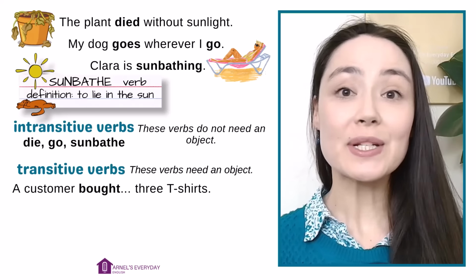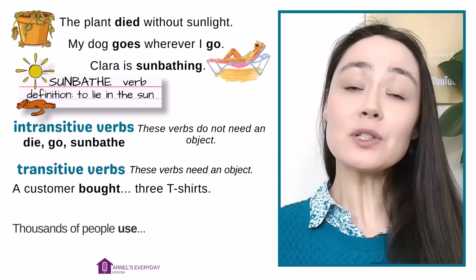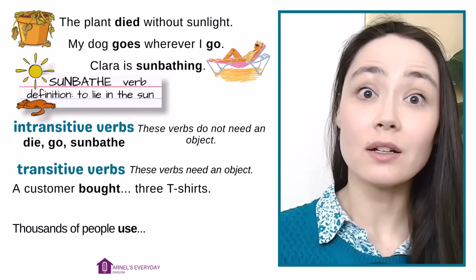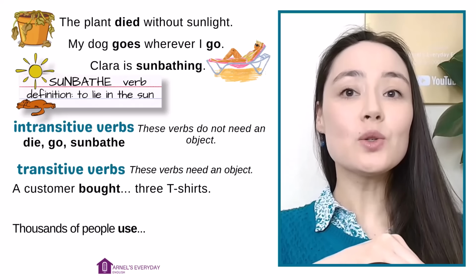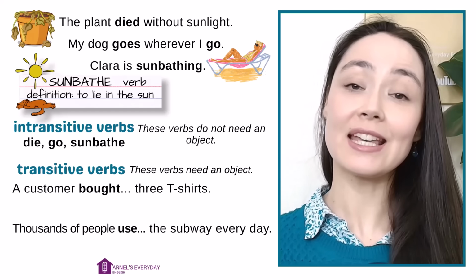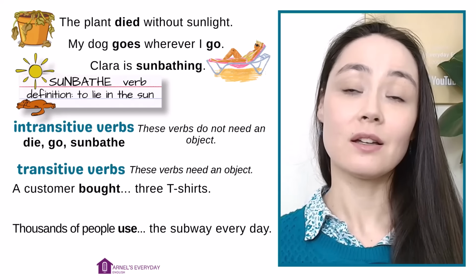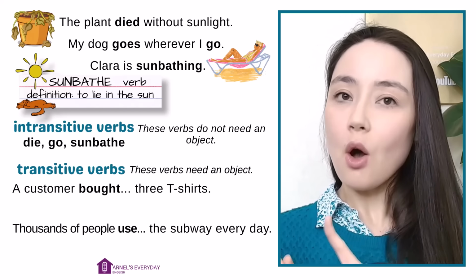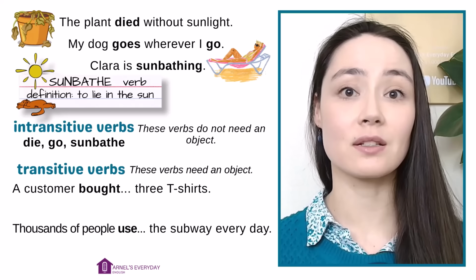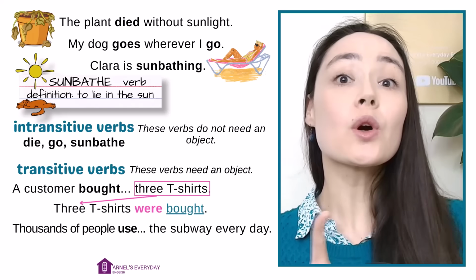Oh, now it's clear. Thousands of people use. Use what? Thousands of people use the subway every day. Use is transitive. It needs an object. So here's the rule. Only transitive verbs can be used in the passive voice. 3 t-shirts were bought.